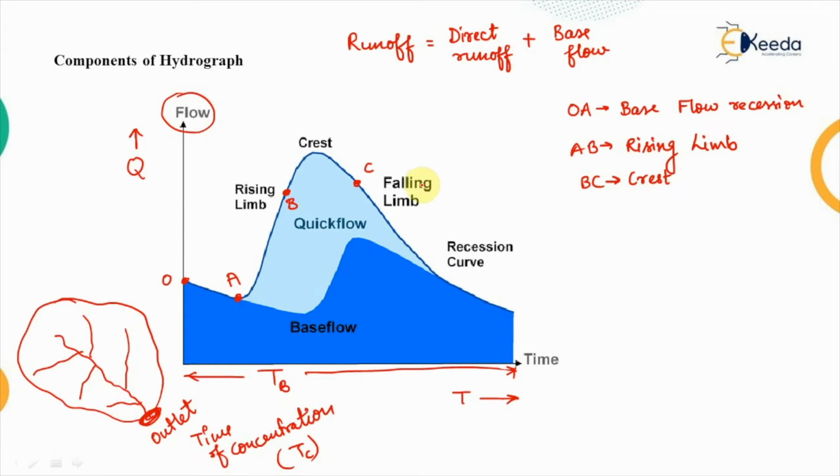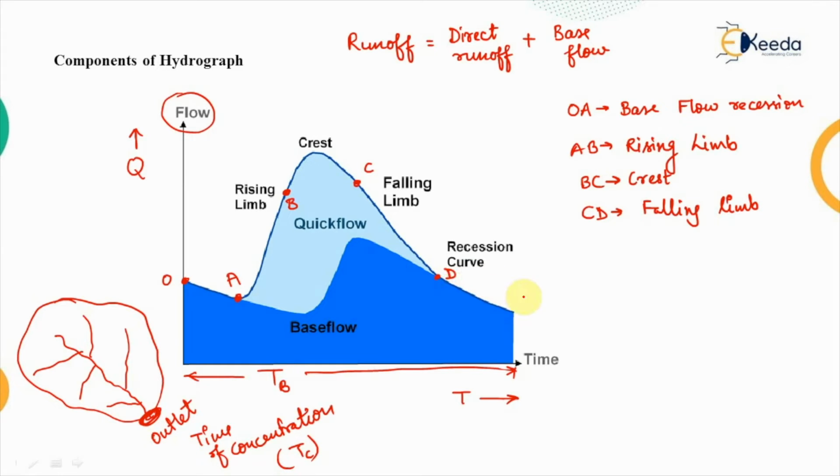Now when we reach the point C, it has been observed that the curve is starting to decrease. So from that point and till the point the base flow is contributing, that segment is known as the falling limb or the receding segment.